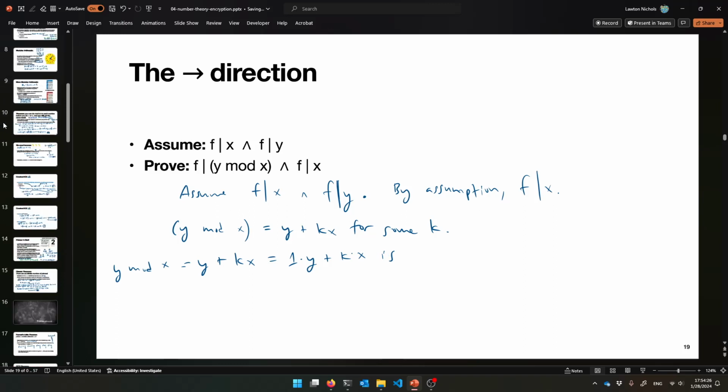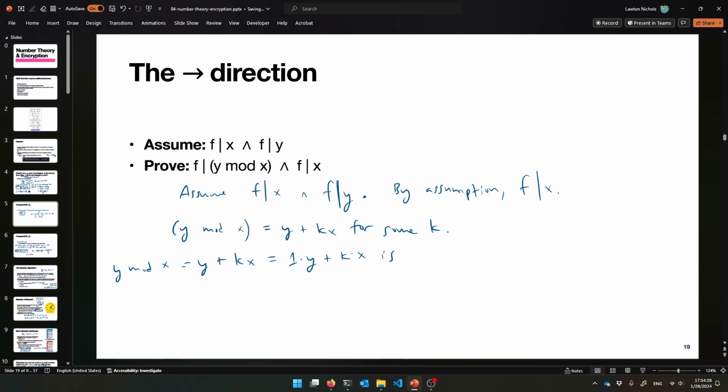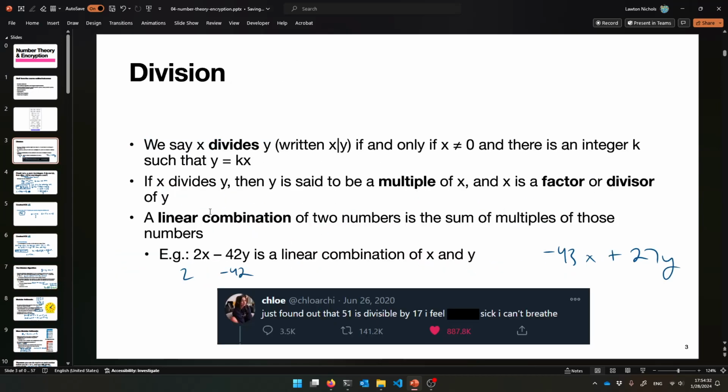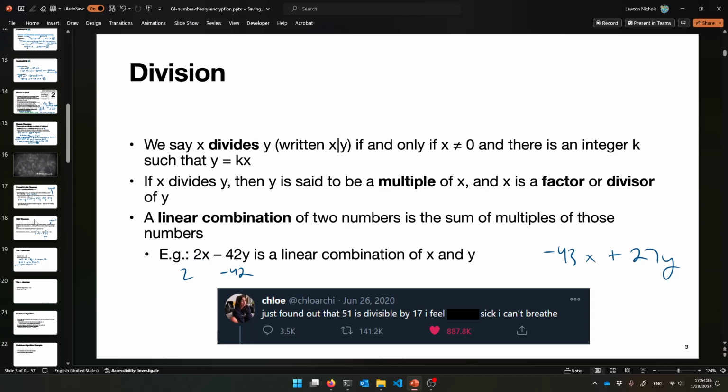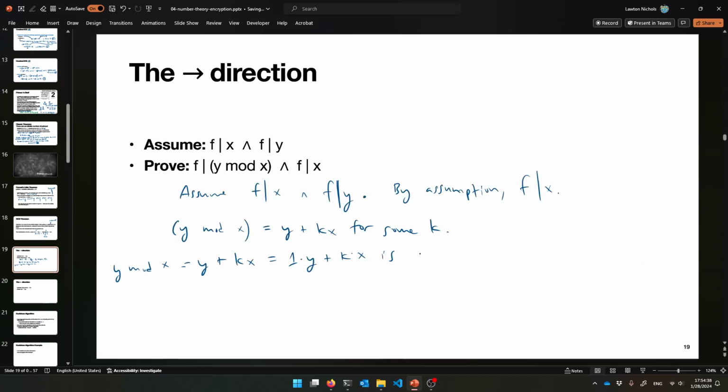Remember that definition? That is a linear combination of x and y. Where is that idea? I think it might be up here. Linear combination of two numbers. Looks like that. Okay. Where am I going with this? We have a theorem about that, don't we? It is a linear combination of x and y.